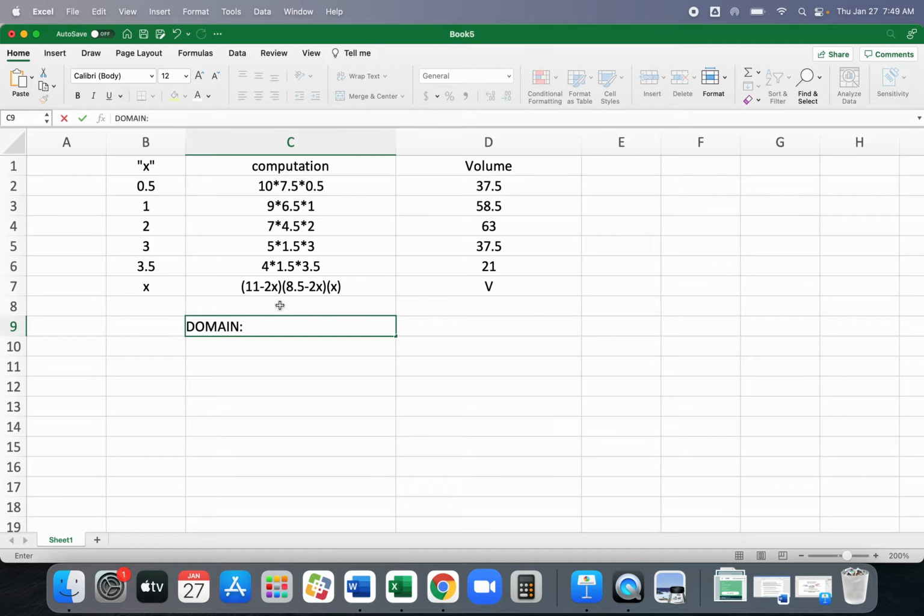sort of issues, but domain is just talking about, generally speaking, the legal or sensible values to sub into a formula and a function. Whether it's a function or not, there's still a domain. Any sorts of equations or formulas might have sensible or reasonable input values. But there's two senses of that.